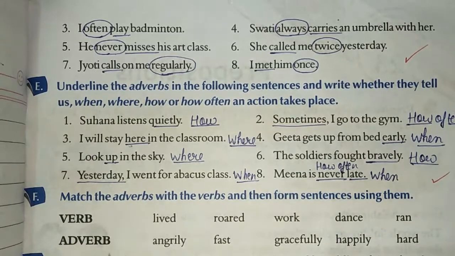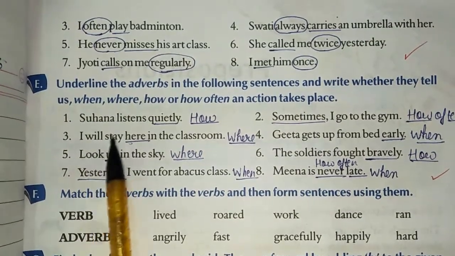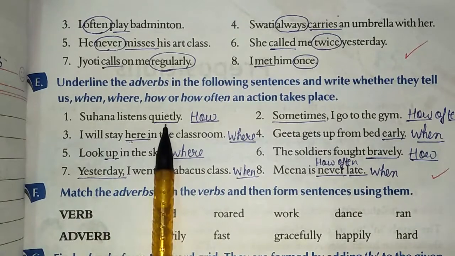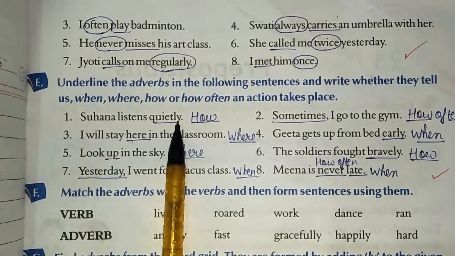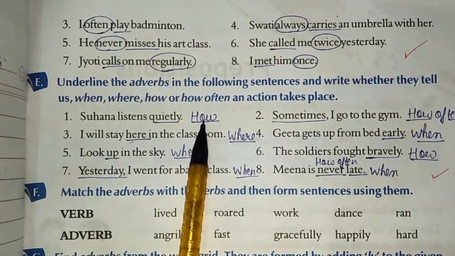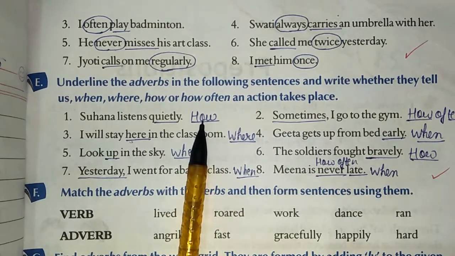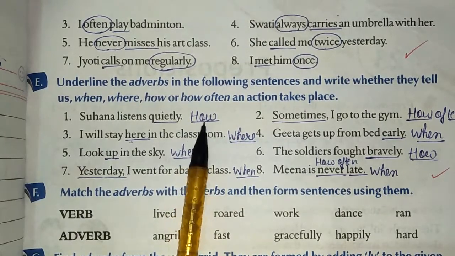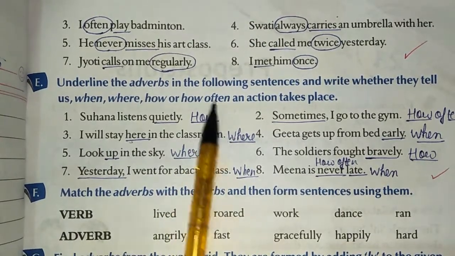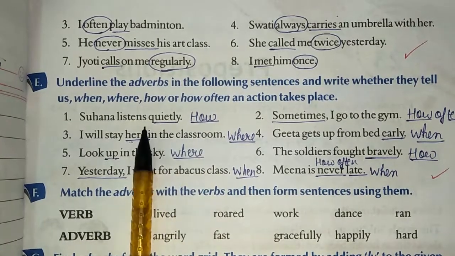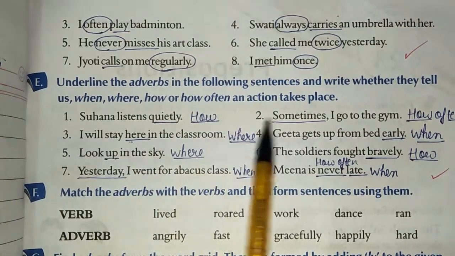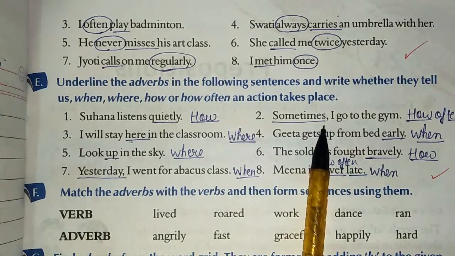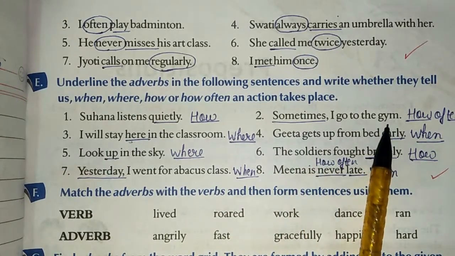ठीक है ना. So in the first sentence, Suhana listens quietly. Quietly is adverb and this is giving the answer of how. That means which adverb is this? This is adverb of manner because it is giving the answer of how. Okay. So underline it and write here how. Second sentence, sometimes I go to the gym.